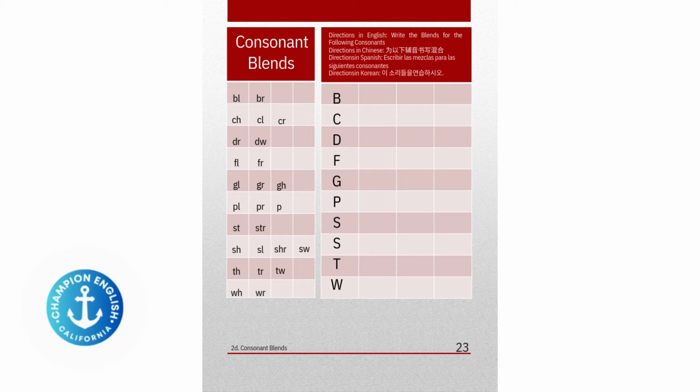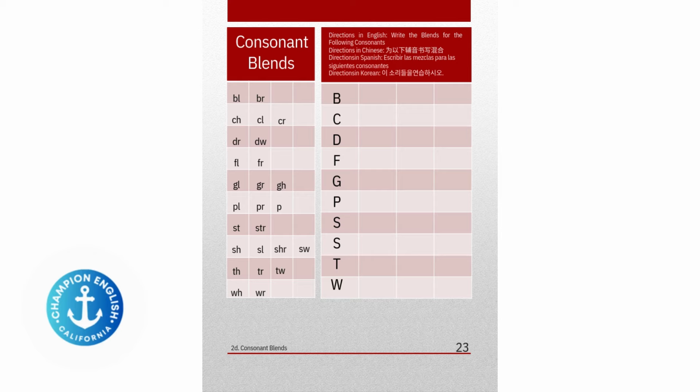Okay, students, let's now practice doing our blends. So I hope you have your Champion English ESL workbooks so that you can practice your letters. So notice the first consonant sound that we have is B. Then it's K, D, G, P, Qu, S, Z, T, and W. We also have y and z, but we're not doing those right now.